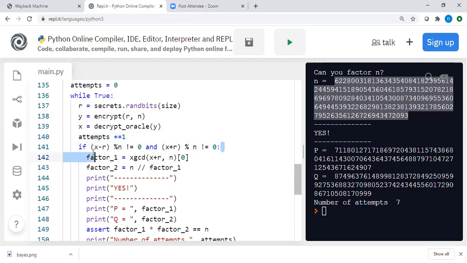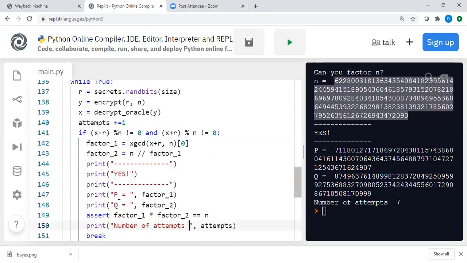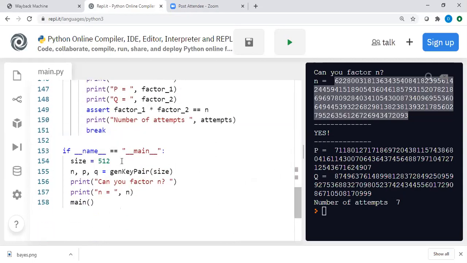That's basically what it means. If yes, computes GCD of X plus R with n, finds the first factor P, second factor Q, multiplies to assert, and you can see here only 7 attempts were needed in this case, meaning 7 different random numbers were needed. But if I increase the size of the key, maybe it's very easy.